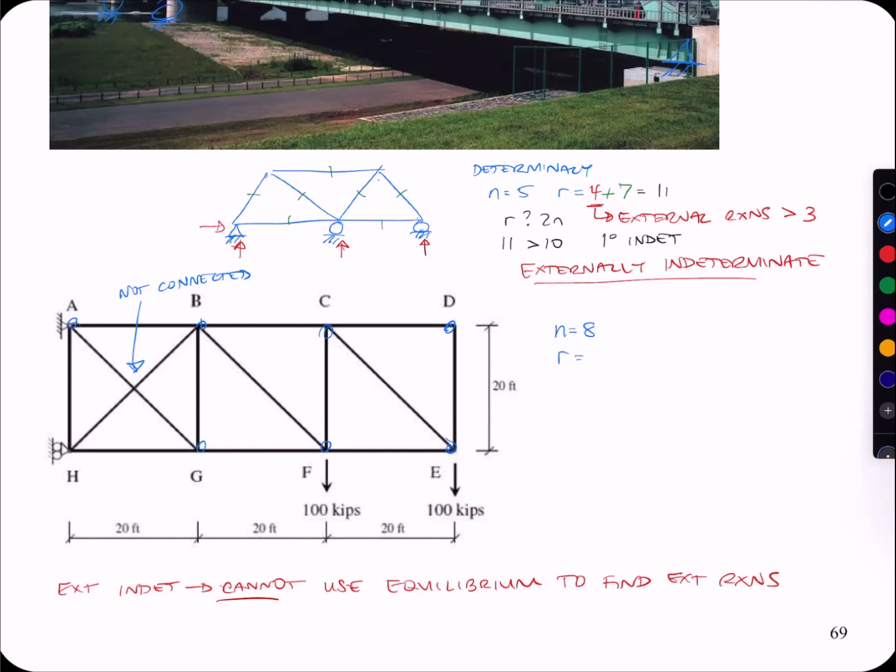We have 3 external reactions, a roller and a pin, and we have 1, 2, 3, 4, 5, 6, 7, 8, 9, 10, 11, 12, 13, 14 members. So R compared to 2N, 17 is greater than 16.